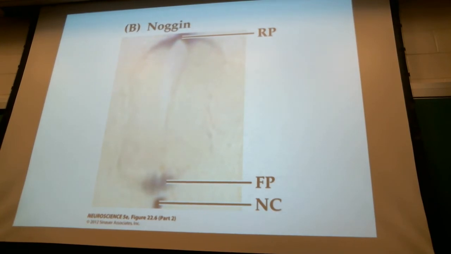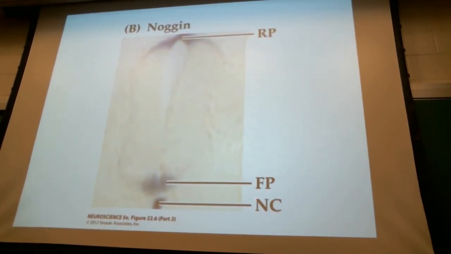Again, this is in situ hybridization, which detects messenger RNA of noggin in this case. And where is it expressed? You can see roof plate, floor plate, and a notochord. Those are the places that send out morphogen, the information center.